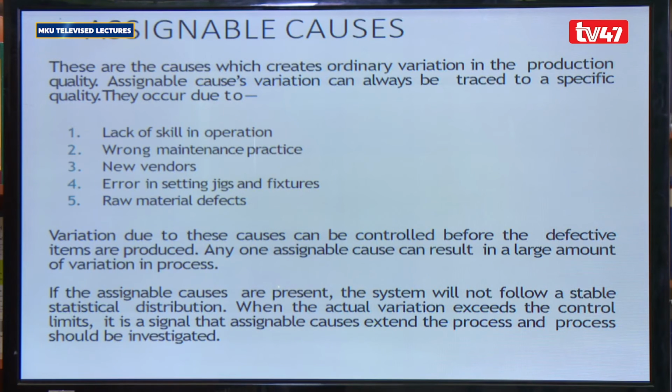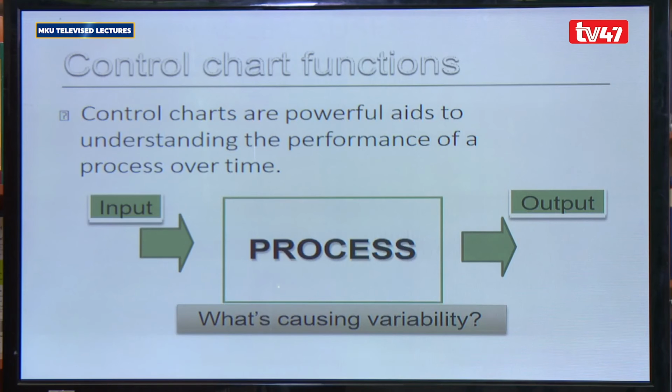And when we have errors in setting the jigs, this is with regard to mechanical production and fixtures, and when the materials supplied are defective. So we can visualize the production, the quality control as shown here.